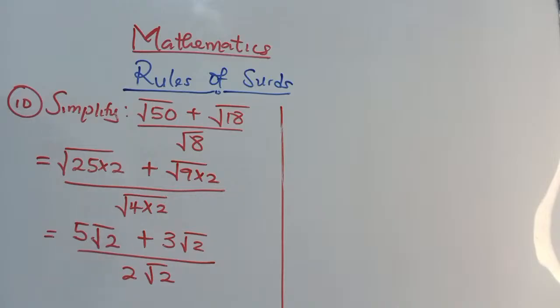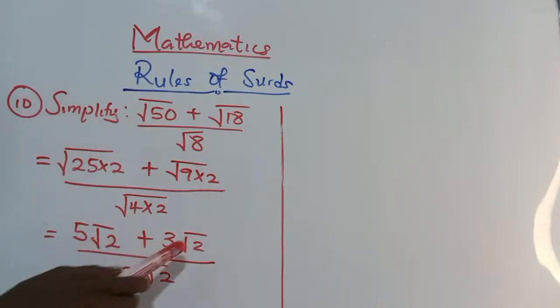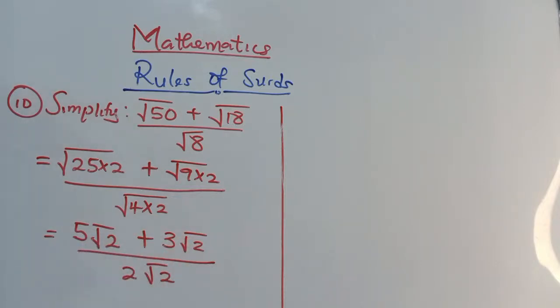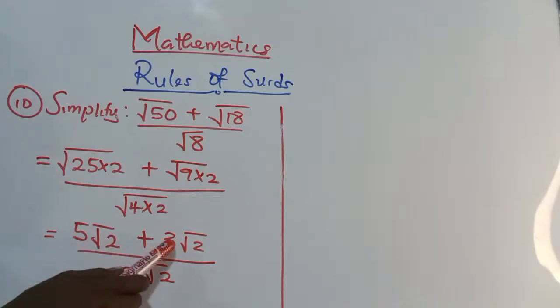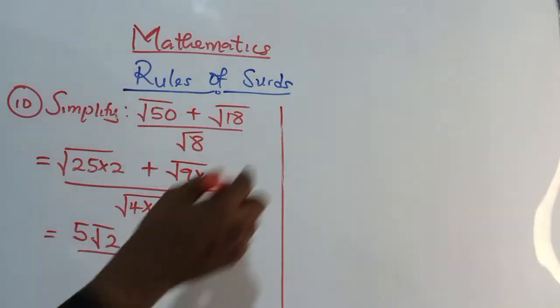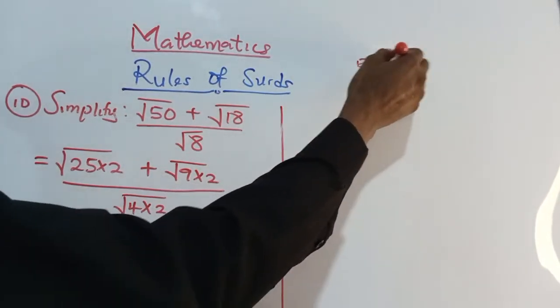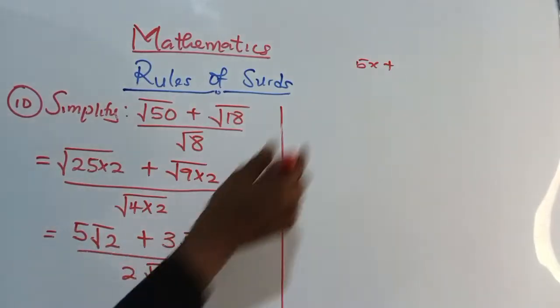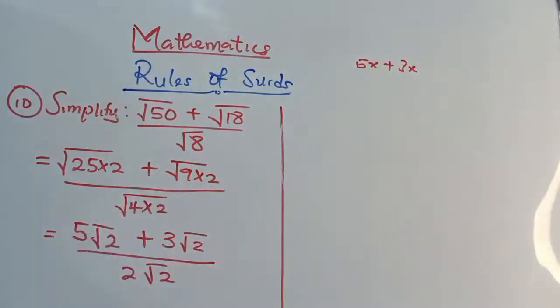Okay, so now you can see that they have root 2 in common. You can factor out the root 2 and add the 5 and the 3. Or as I've said before, you can also say it is like 5x plus 3x. So it's equivalent to that. You can do it that way. So 5x plus 3x will give us 8x.